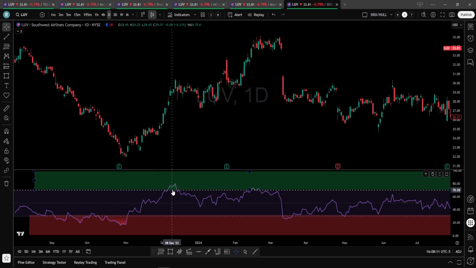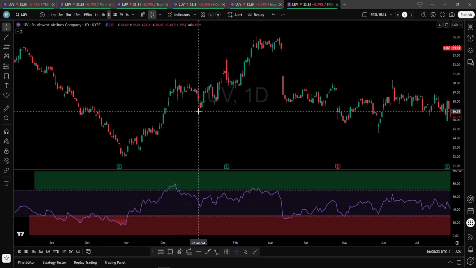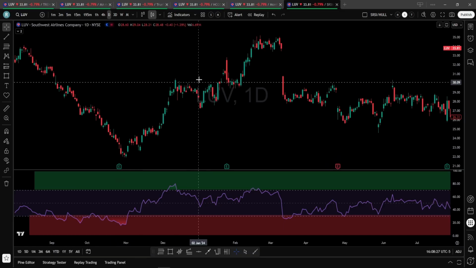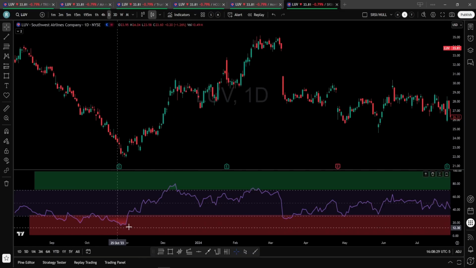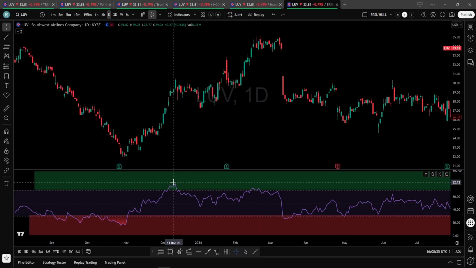And notice here that as it trades above the 70, it eventually then breaks below it here. And this happens to also mark the top, where then prices proceeded to move lower. So this whole sequence from here to here was well indicated by the RSI's oversold and overbought indication.